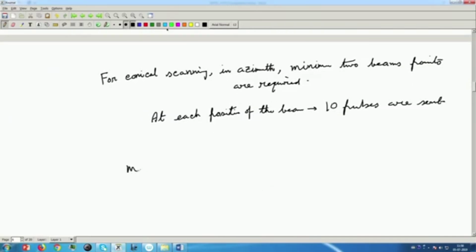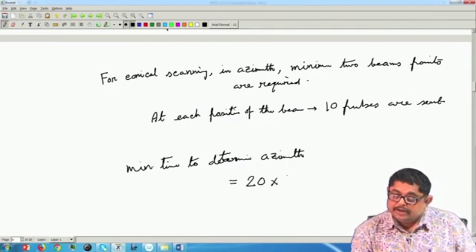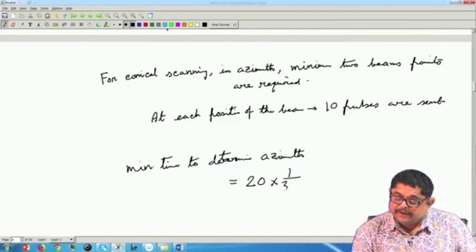So, the minimum time to determine azimuth will be 20 pulses. Now, each pulse's PRI is 1 by 300.